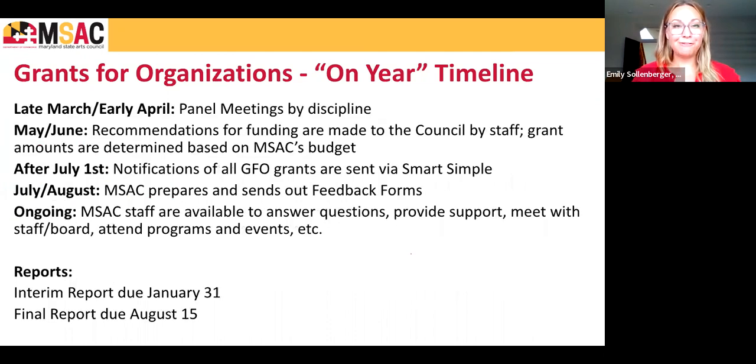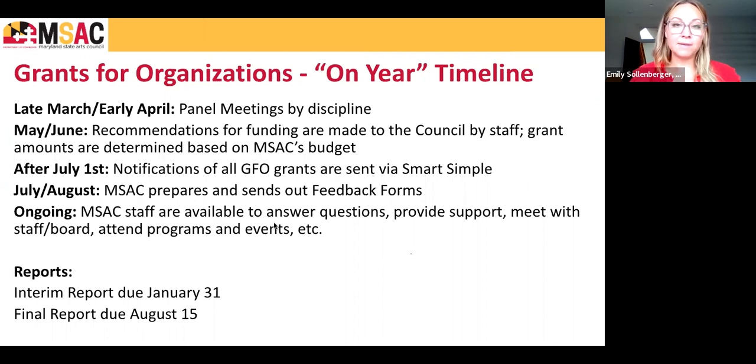And moving forward here, in late March, early April is when we have panel meetings by discipline, and those are open to the public. In May and June, once this panel process is completed, we then determine recommendations for funding that are made to our council by the staff based on the panelists' feedback and scoring.